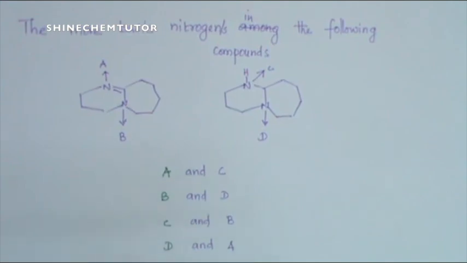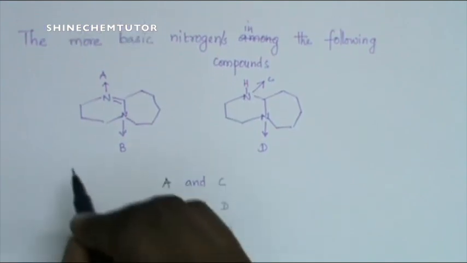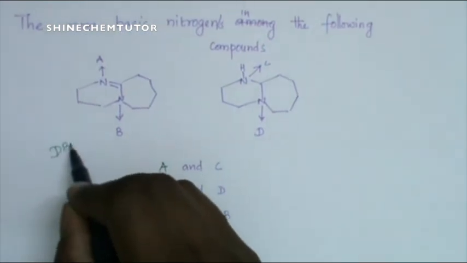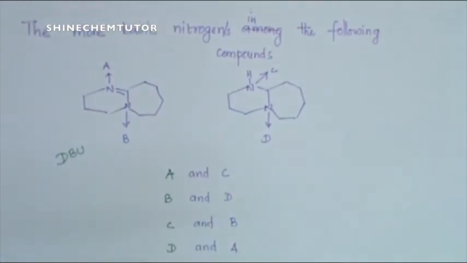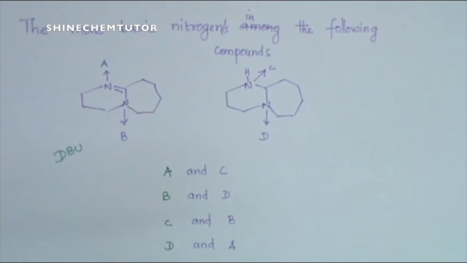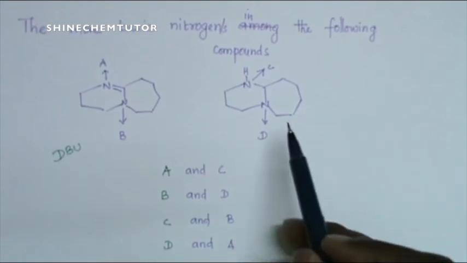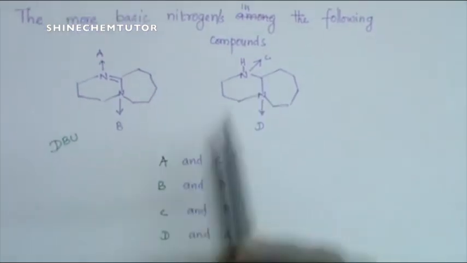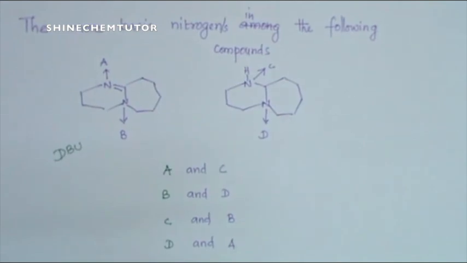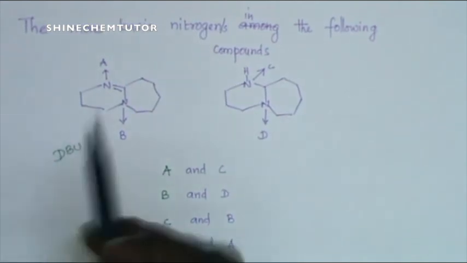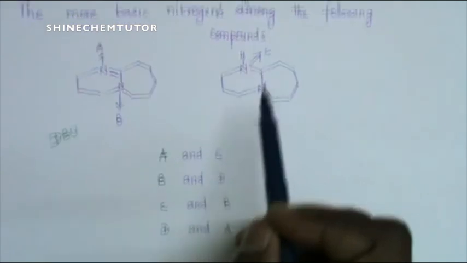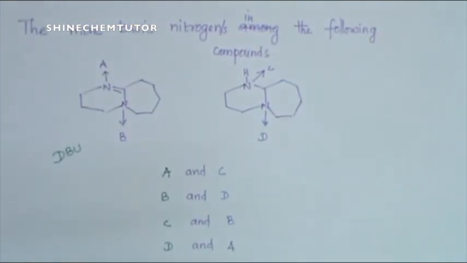The first one is known as DBU, diazabicyclo compound. The second one is a similar compound, but there is no double bond. I have marked the nitrogens as A, B, C and D. Which two will be more basic?